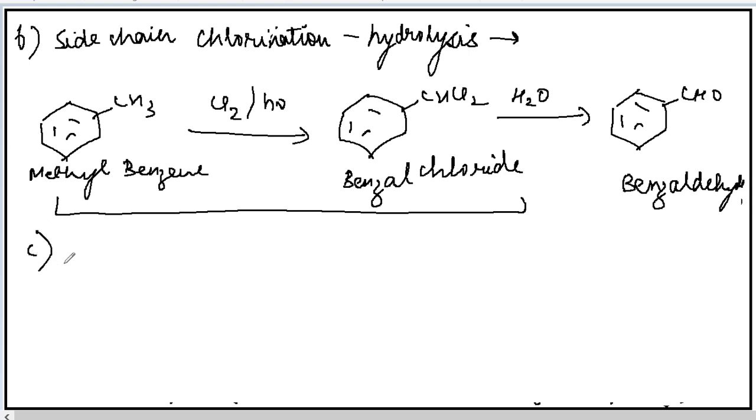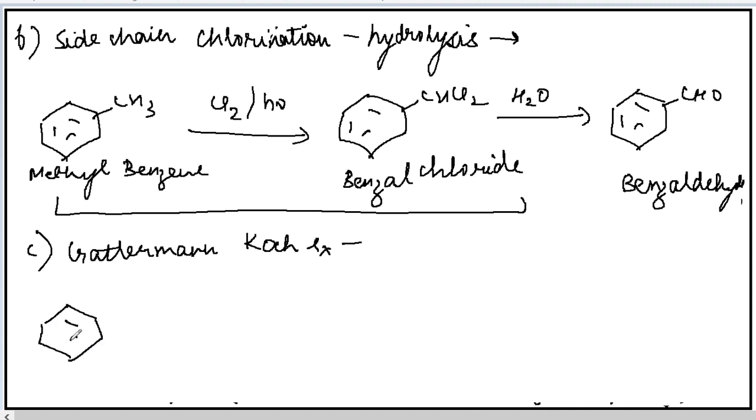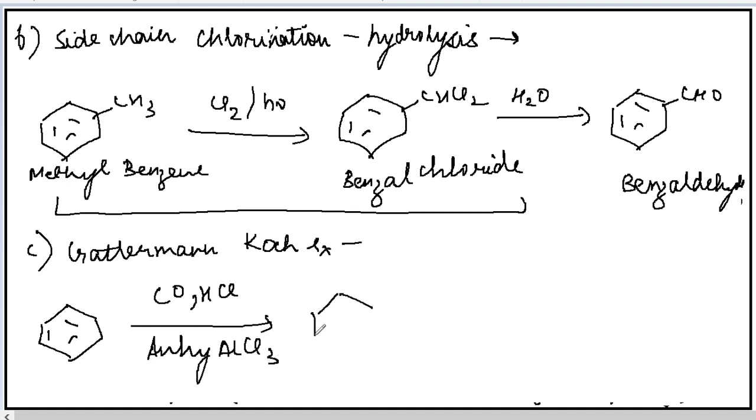The third method is a named reaction, that is Gattermann-Koch reaction. In this reaction, benzene is treated with carbon monoxide and hydrogen chloride in presence of anhydrous aluminium chloride, and as a result benzaldehyde is produced.